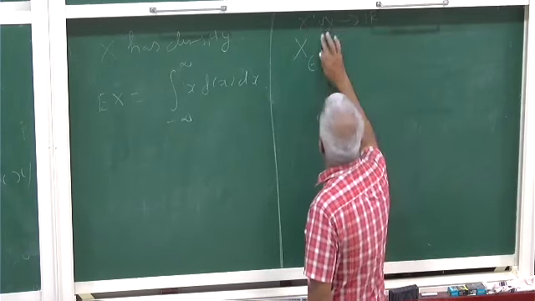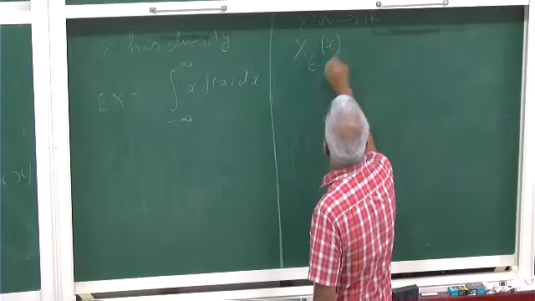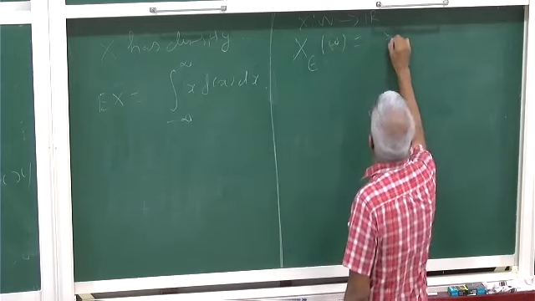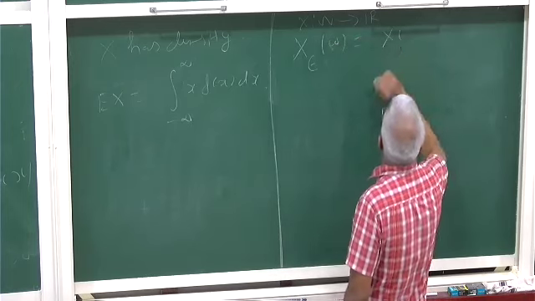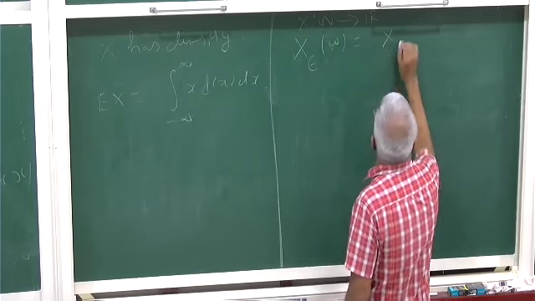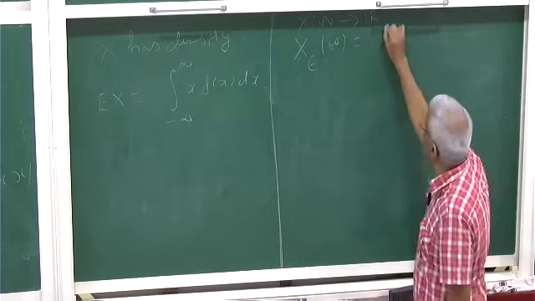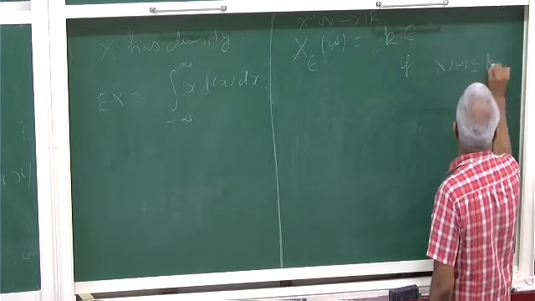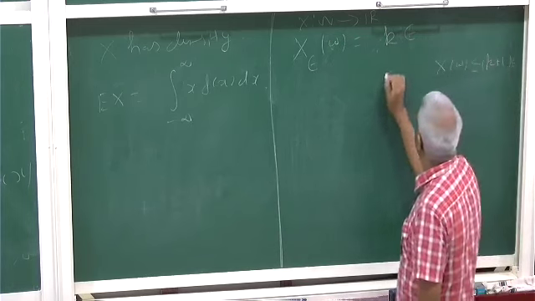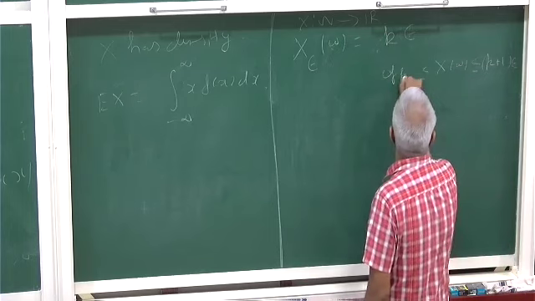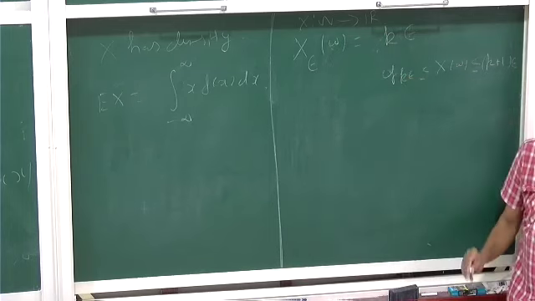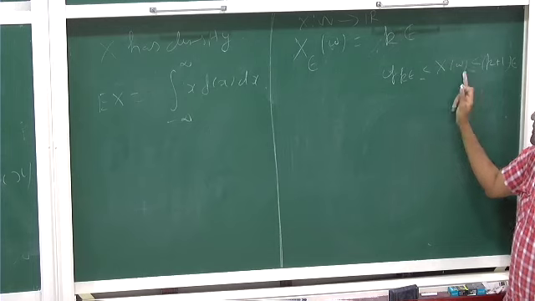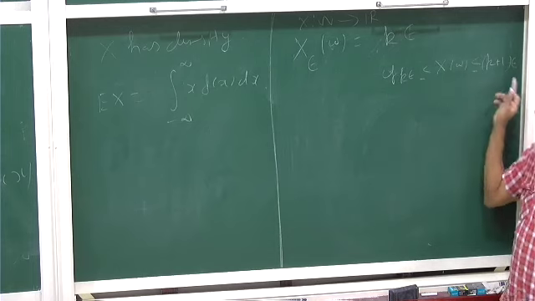Then you define X epsilon of omega equal to k epsilon if X of omega is greater than or equal to k epsilon and less than (k plus 1) epsilon.